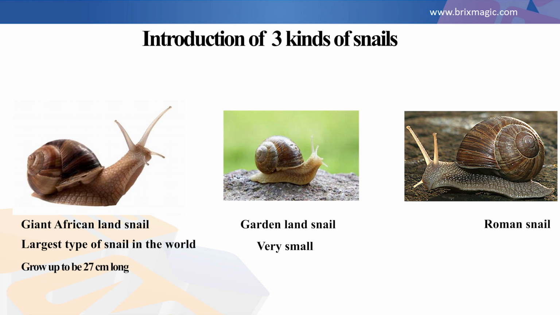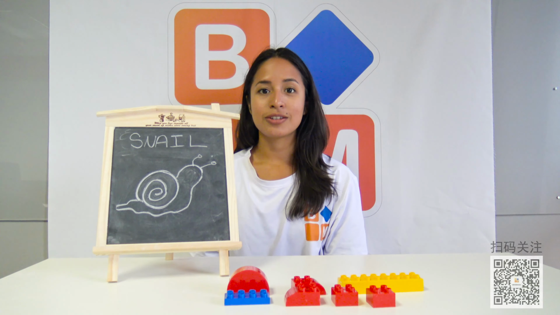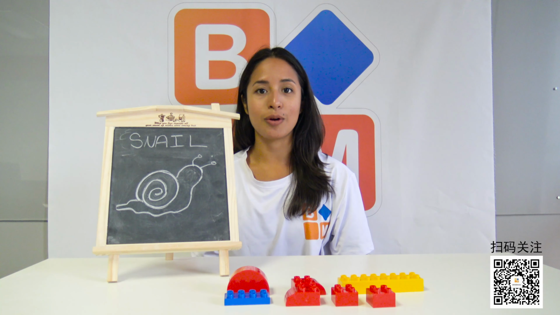And they're special because the shells on their back are these beautiful, intricate colors, and they have a very heavy shell. So it's almost about 1/3 of its weight. So we know the largest snail, we know the most common snail, and we know the snail that has a very beautiful shell, the Roman snail.